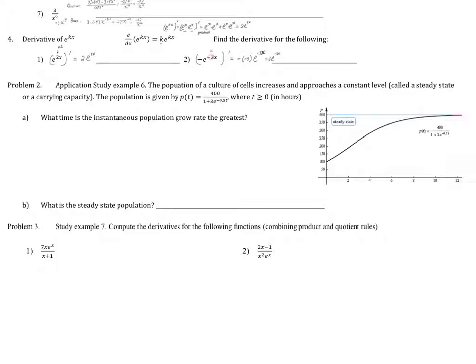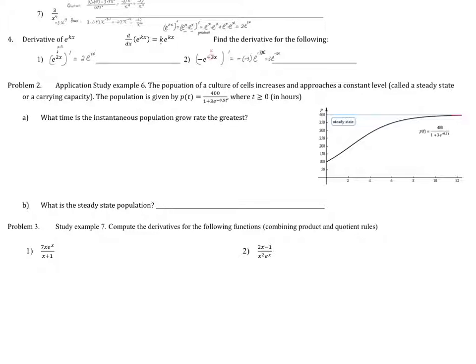steady state. So the first question here is, at what time is the instantaneous population growth rate the greatest? So we are talking about instantaneous population change, right? When you hear instantaneous growth rate change, that means you need to find the derivative.